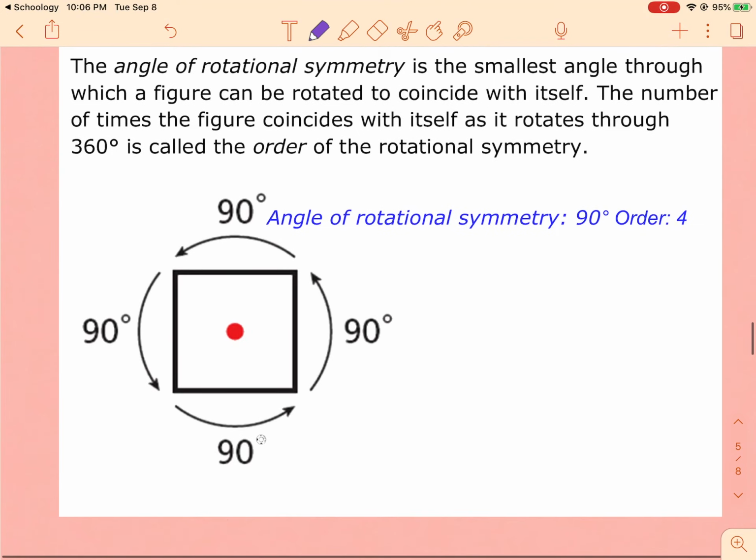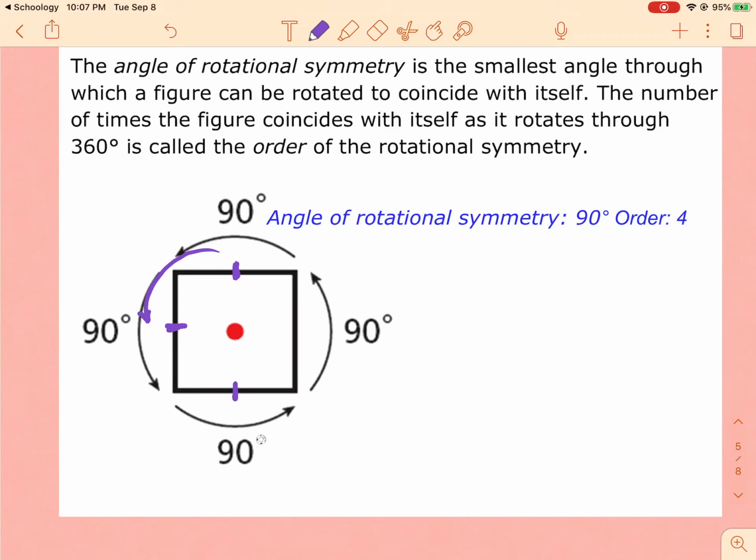It's tough to do this not in person, but on this first one, if I'm looking at this side first, I can rotate it 90 degrees and this top part then matches up here. So that's one order.